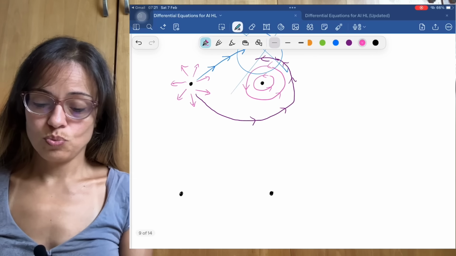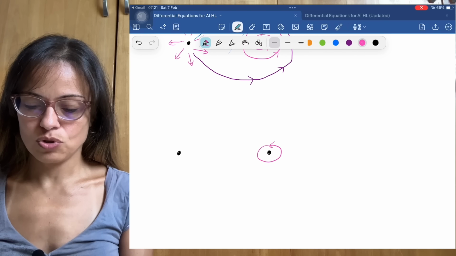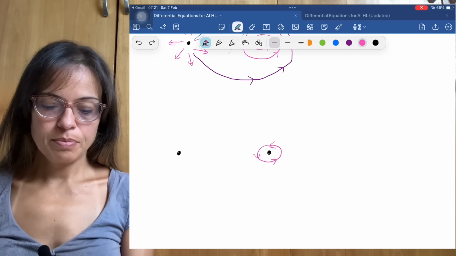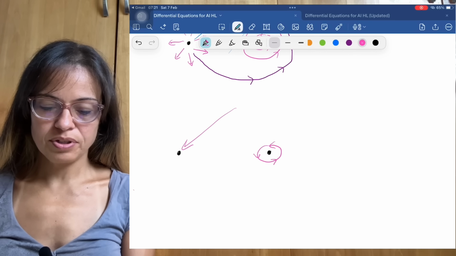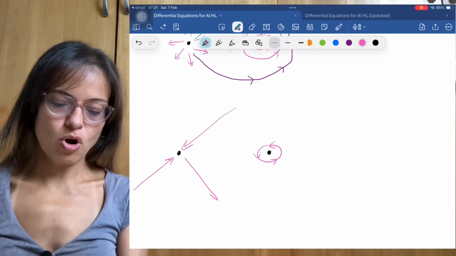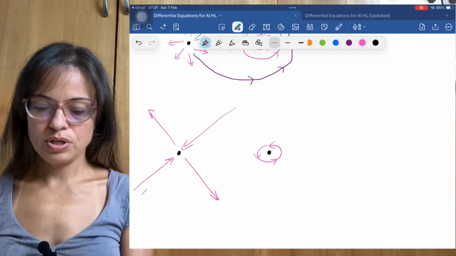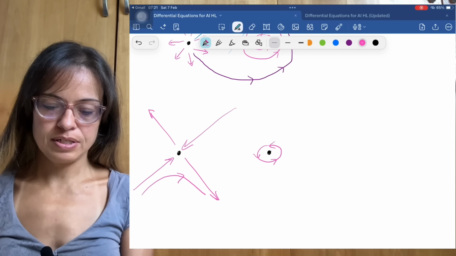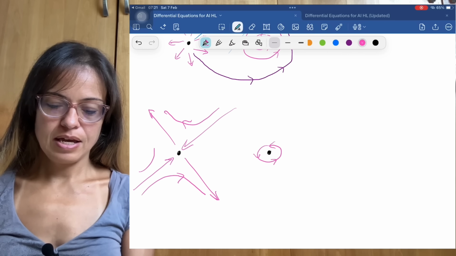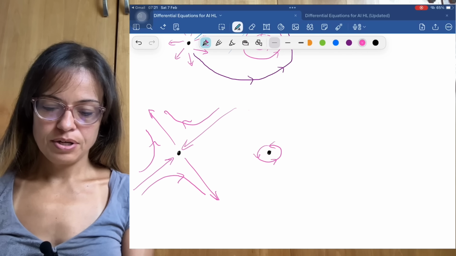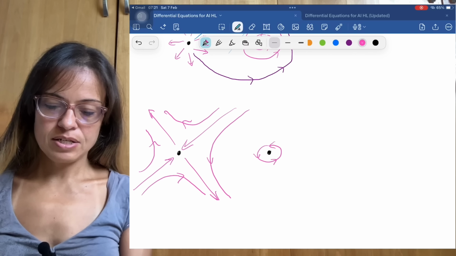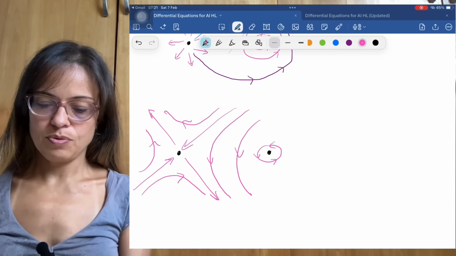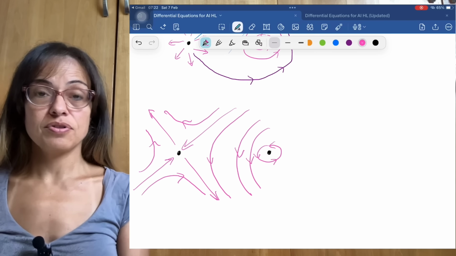Some configurations work and some don't. If this one is going around this way, then maybe that one is the one that has one negative eigenvalue and one positive eigenvalue. Then in between here, the things are doing this, this, and this. But over here, this one does this, which matches perfectly with what the other one is doing farther away.